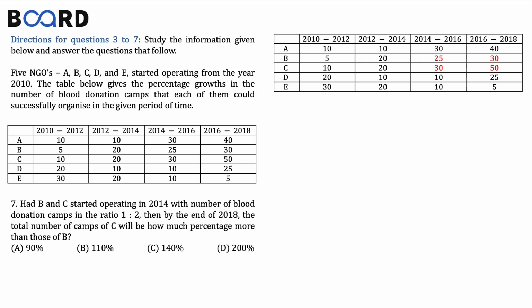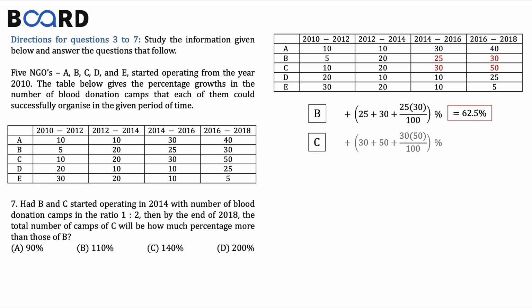And they have given me the ratio in which I can get the number that I have to start with, right? By the end of 2018, the total number of camps of C will be how much percentage more than those of B. So in case of B, I can see the overall percentage increment, again successive, that's 62.5%.